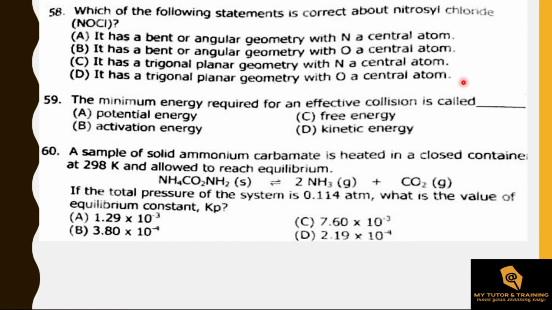And this total pressure is the pressure of carbon dioxide plus the partial pressure of ammonia, which is equal to twice the partial pressure of carbon dioxide. So 0.114 is equal to P of CO2 plus twice P of CO2.